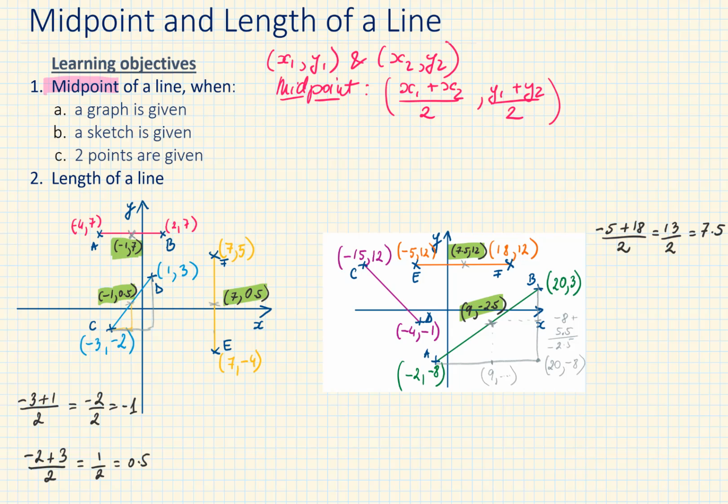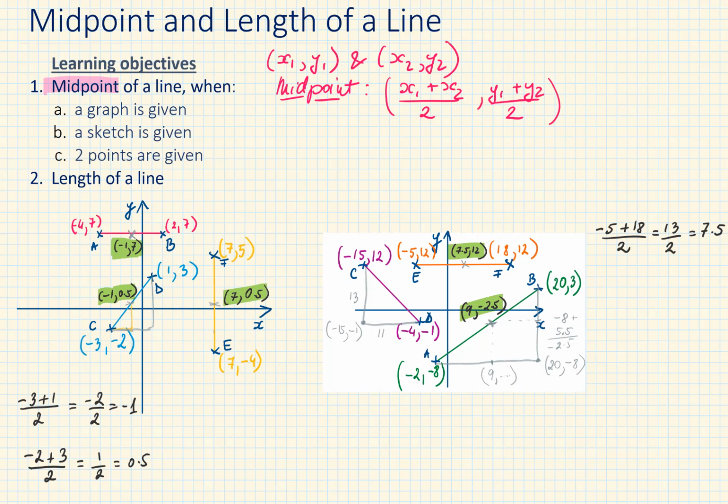-2.5. Looking at the purple line, if we go along the y-axis and along the x-axis, let's find out what this coordinate point is. The x will stay the same, that is -15, and the y is -1. So going from 12 to -1, that is 13 steps. Going from -15 to -4, that is 11 steps.